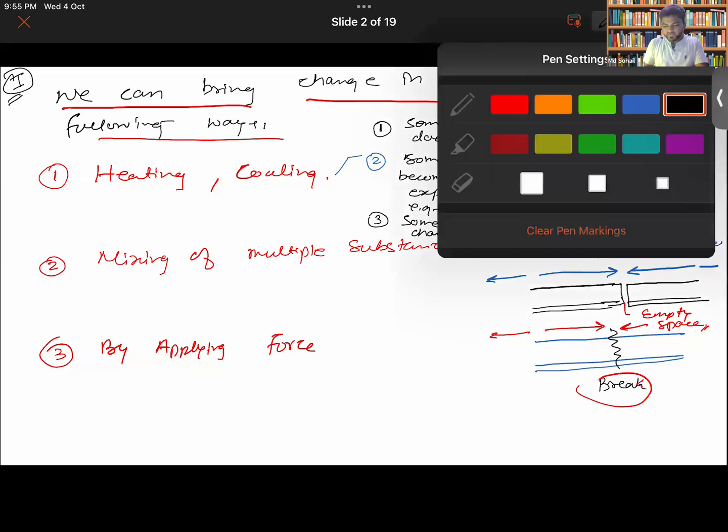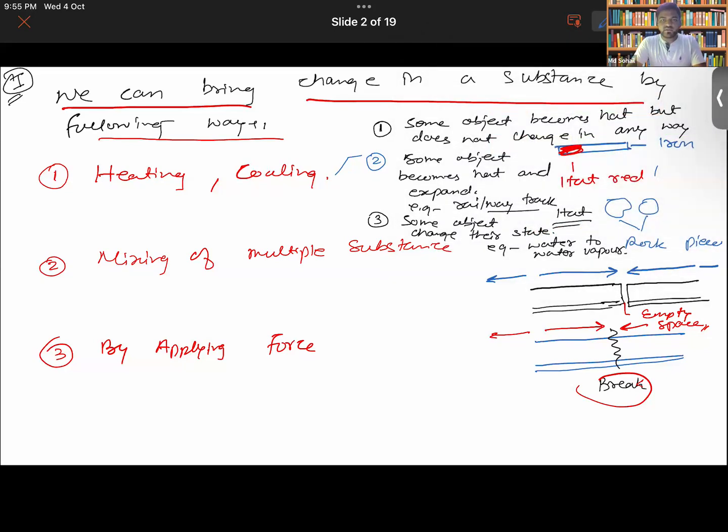Okay, is it visible properly to you or not? क्या आपको properly दिख रहा है? Yeah. What I have written? Yeah. Okay, good.